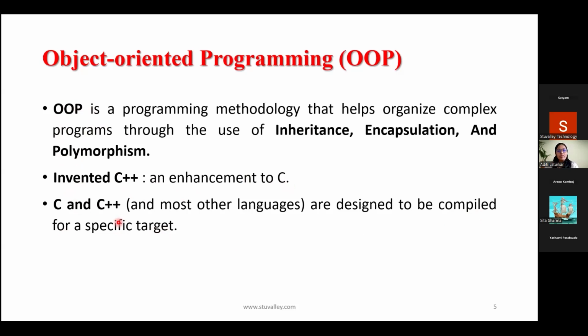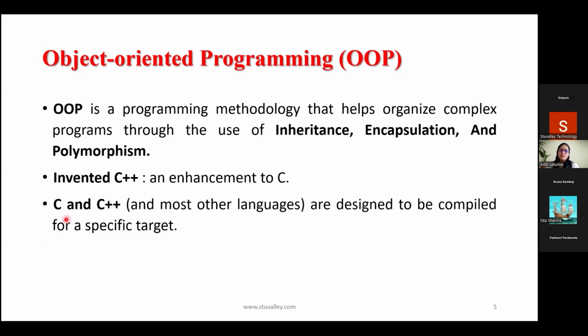So if you want to execute the same application on a Linux system, Unix system, or any other Mac system, it is never going to execute on those other platforms. If you have to do that, then you have to develop a new application for that specific target, that is, for that specific operating system.